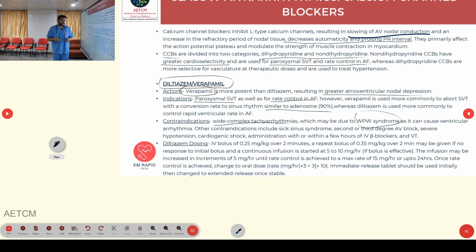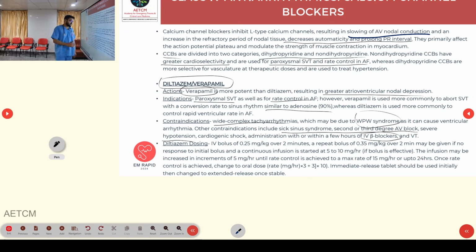Other contraindications include sick sinus syndrome or AV nodal blocks, which can cause further worsening of the heart rate, and also hypotension and cardiogenic shock, or administration with a beta blocker. So if the patient has been given a beta blocker, we should try to avoid these agents, and it also should not be given in VT, which is the wide complex tachyarrhythmia.